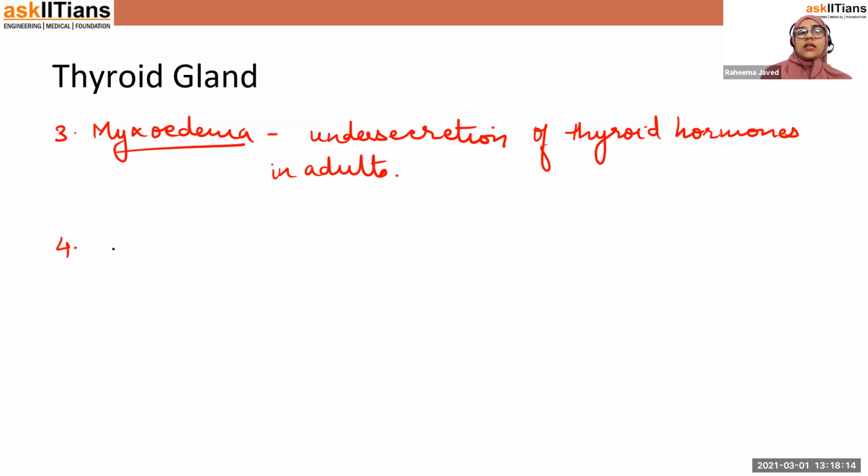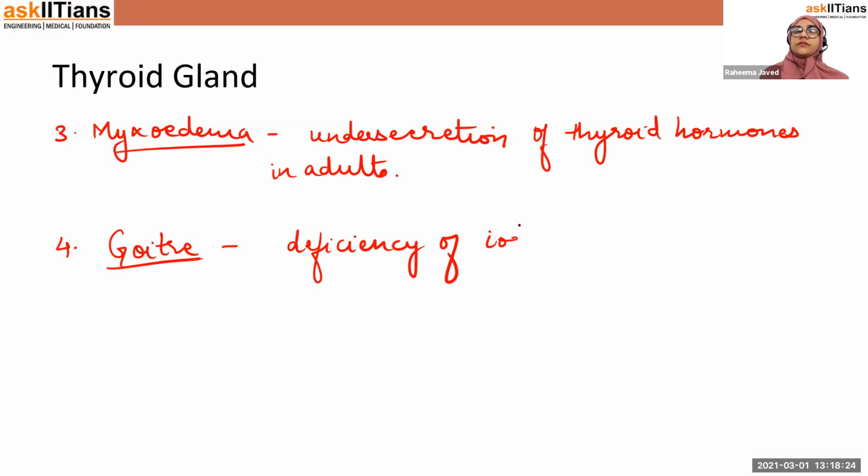Next is a very common disease, that is goiter. This is not due to the deficiency of thyroid hormones, but due to the deficiency of iodine in the diet. And what is the symptom? The neck swells up. This is the indication that deficiency of iodine is there.